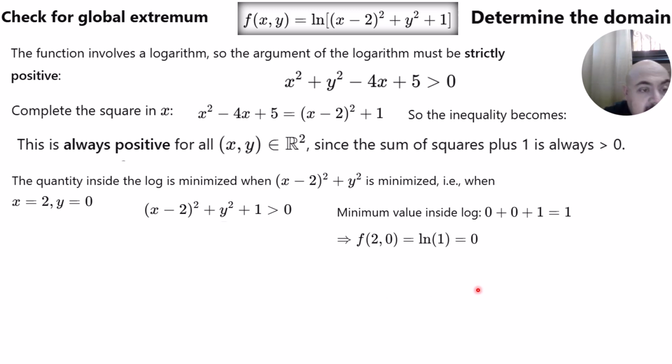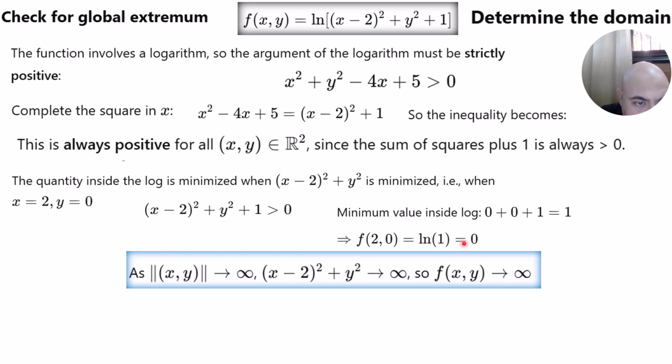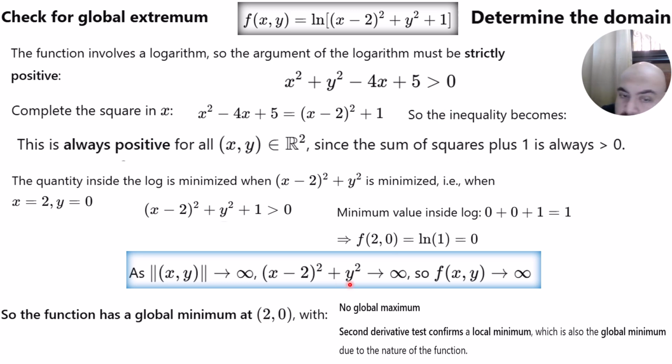So simply making a substitution of 2 and 0 near the point that we are talking about, you will have ln 1, and it's equal to 0. Taking the limit as x tends to infinity for x minus 2 and y square, all the values will grow to infinity. So this graph means that the function has a global minimum at 2 and 0 with no global maximum, because as x and y tend to infinity, the value of the function tends to infinity.